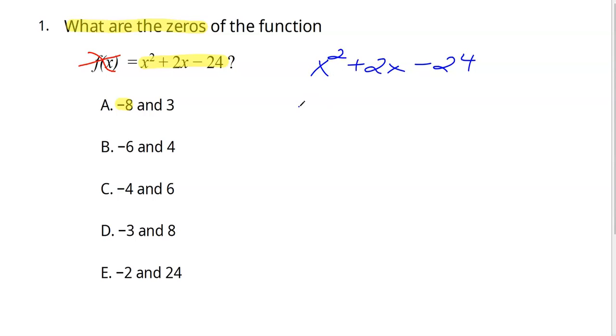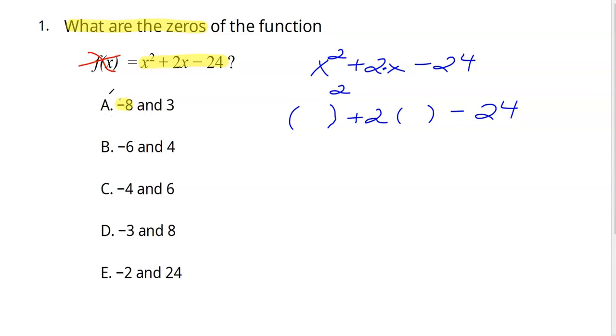So instead of x, I'll put a set of parentheses squared plus 2. This means 2 times x. There's a times sign there. It's just not showing. So 2, instead of x, I'll put a set of parentheses. Bring down your minus sign. Bring down your 24.